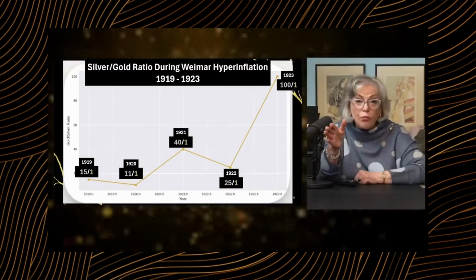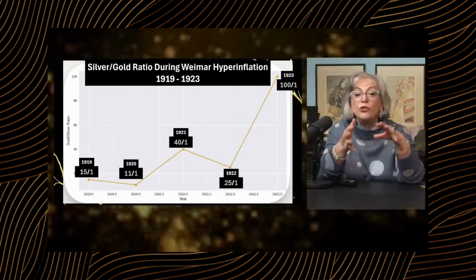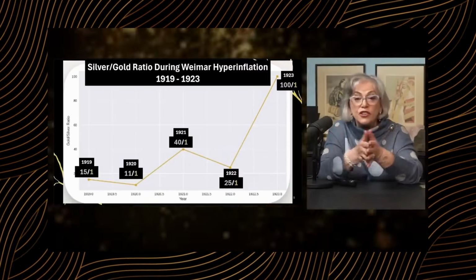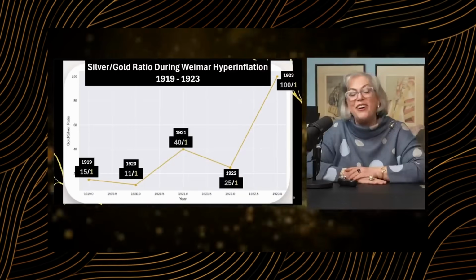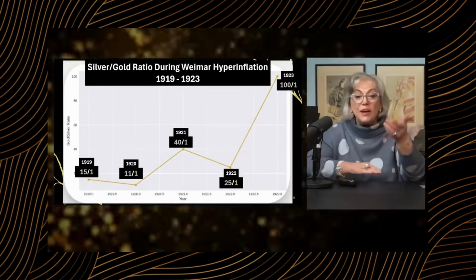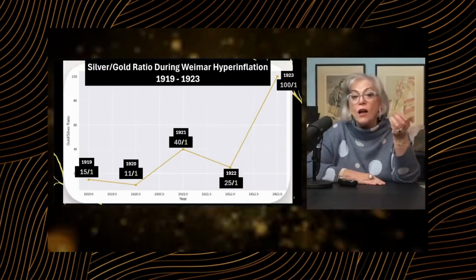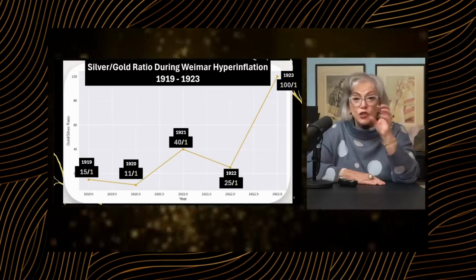I can do a whole piece just on the silver gold ratio during hyperinflation. And if that's something that would be interesting to you, I could put that on my very long list of videos to create. But essentially, I wanted you to see where we are, because I never look at silver or gold as a trade.